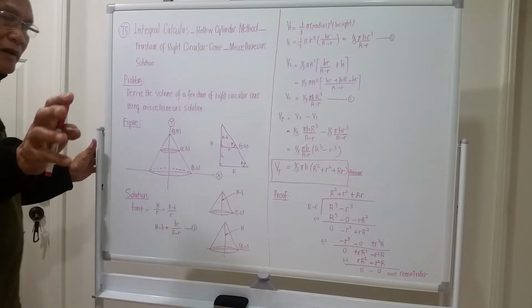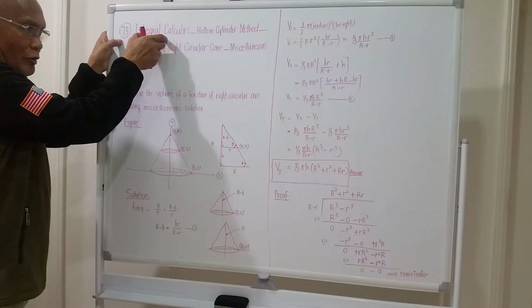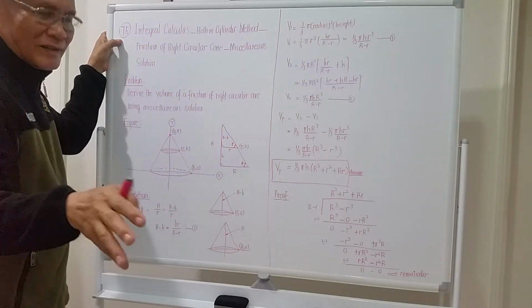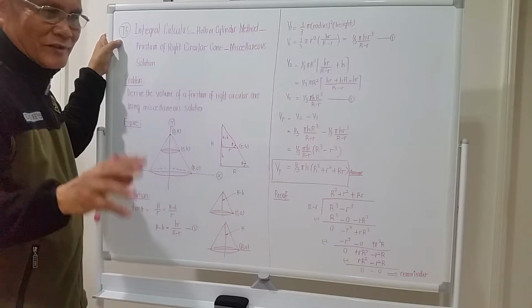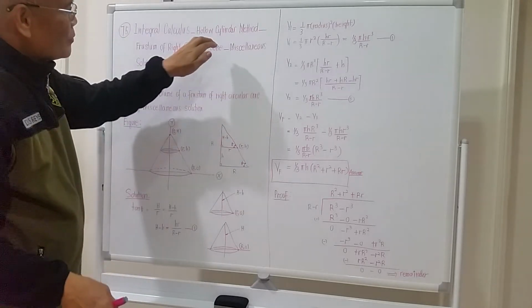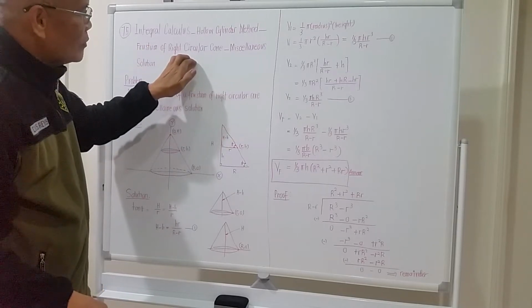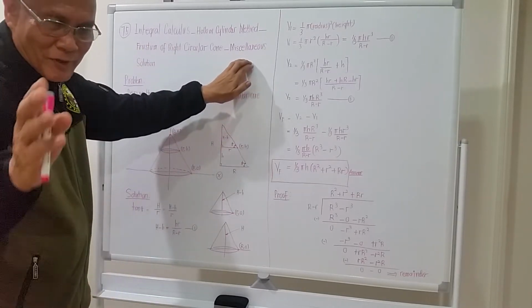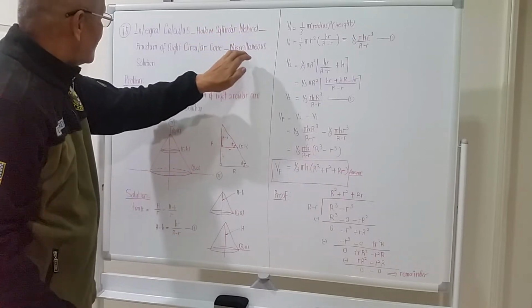This will now be my lesson number 75, integral calculus, but this is a special discussion or topic tonight. It should be the hollow cylinder method, the frustum of a right circular cone. But for the meantime, I will not discuss the hollow cylinder method. I will discuss the miscellaneous solution.